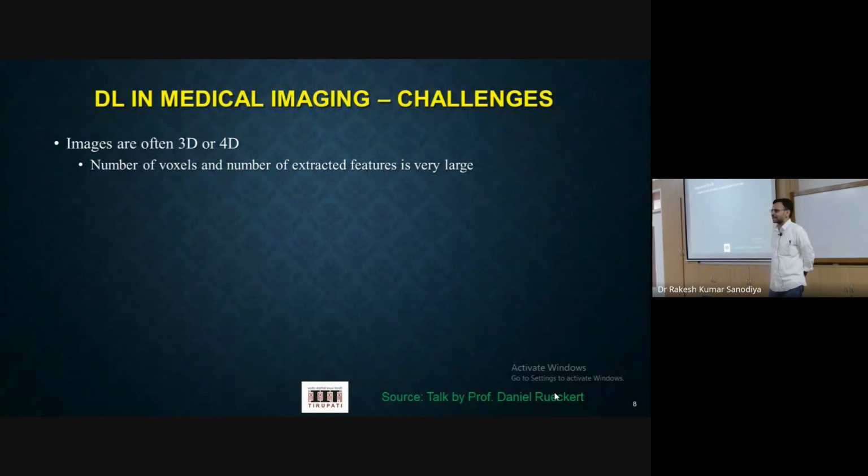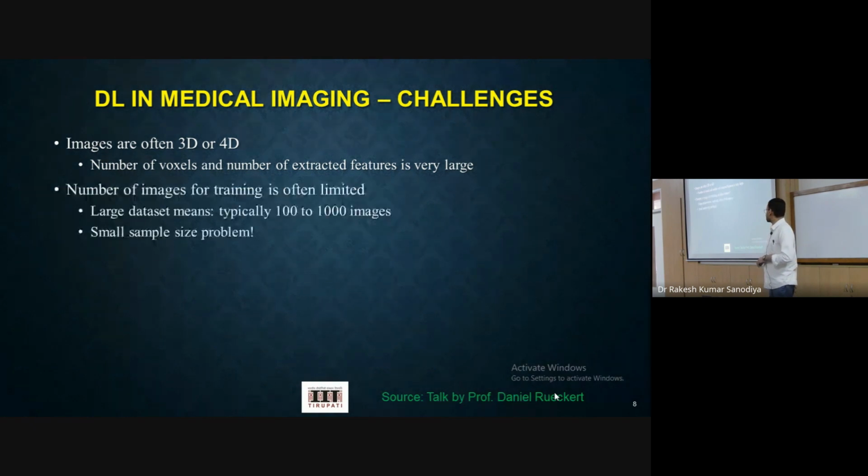For example, a CT image is essentially a three-dimensional image. So the magnitude of the data, the size of the data you have, is multifold compared to the data you would get with typical computer vision applications. So that's one challenge, where you need to deal with data of very large size.